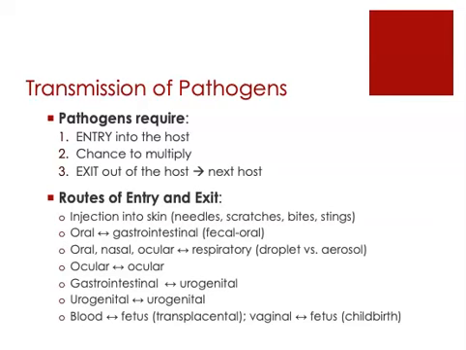The mouth, the nose, and the eyes, ocular, are entranceways to the respiratory tract. It became evident early on that the SARS-CoV-2 virus was gaining entry into the respiratory tract through the mouth, the nose, and the eyes.